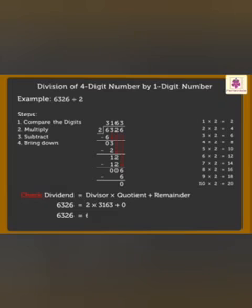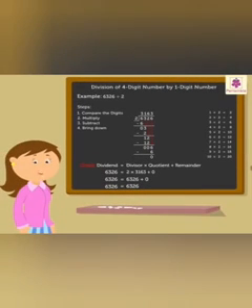That is 6,326 plus 0. So, here we get 6,326 is equal to 6,326. This proves that we have solved the question correctly. It wasn't that tough to solve division of 3 and 4-digit numbers, was it?